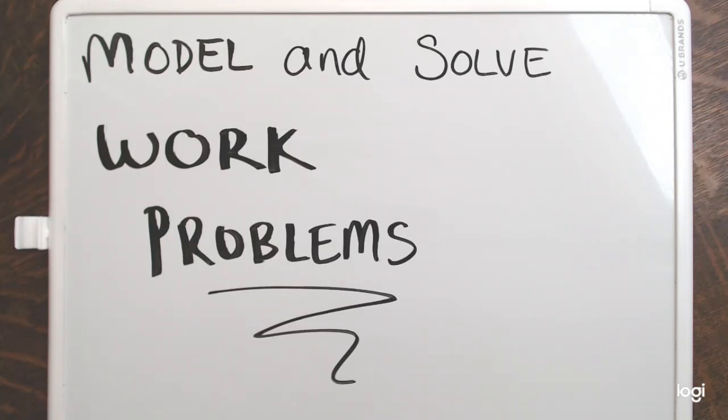Because we're dealing with constant rate work problems here, we're going to be dealing with the simple principle that the amount of work that is done is equal to the rate at which you work, the speed at which you work, multiplied by the time that you work for.